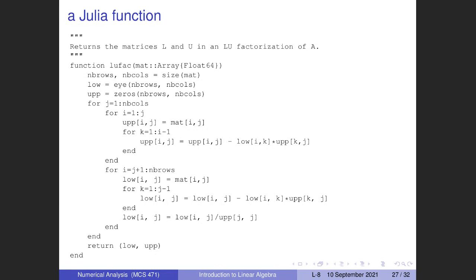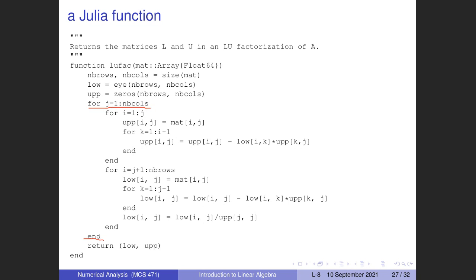Here you see the syntax in Julia for making for loops. Don't forget the end. Here I have one major loop that runs over the columns of the matrix, and then two inner loops that run over the rows.